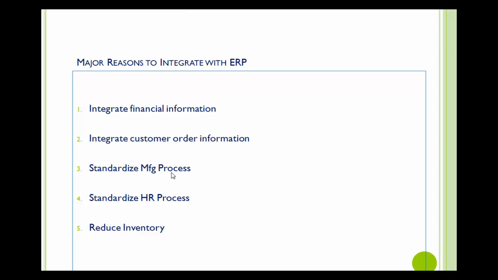Next, standardized manufacturing process. A typical manufacturing company will have plant 1, plant 2, plant 3. Let us say P1, P2, P3. Three plants are available. You can have the same process for plant 1, plant 2, plant 3.